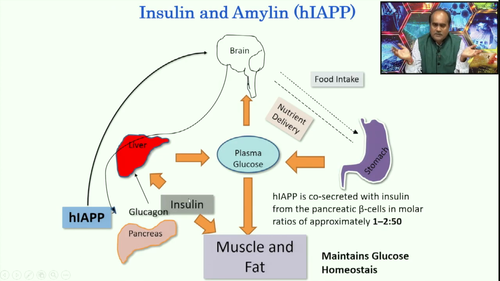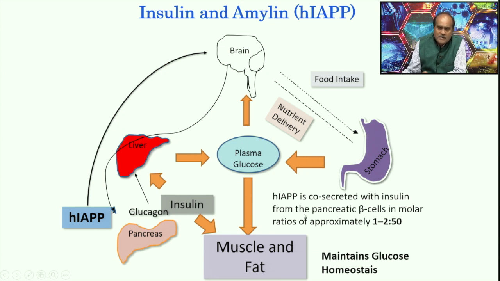So I was doing typically classical structural biology. I was working on a small protein, a peptide called amylin, also called human islet amyloid polypeptide. It is in interplay with insulin, so it's co-secreted from the pancreatic beta cell, and it is responsible for satiety and slowing down the emptying of the stomach. It is co-secreted with insulin in a ratio of 1 to 20 to 50.